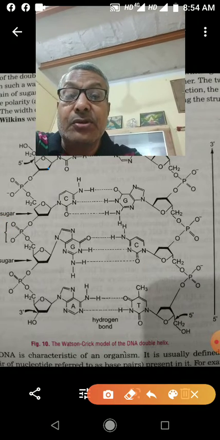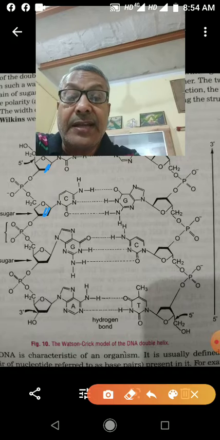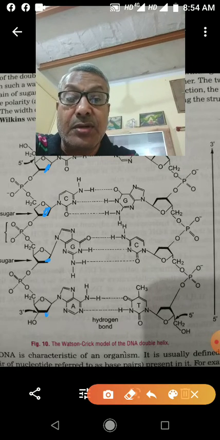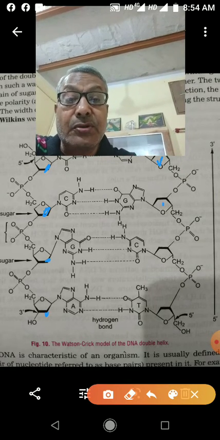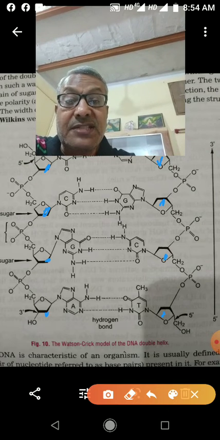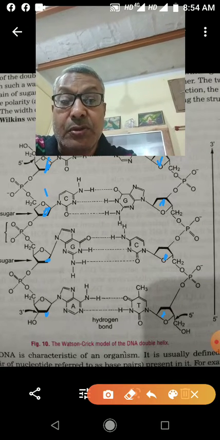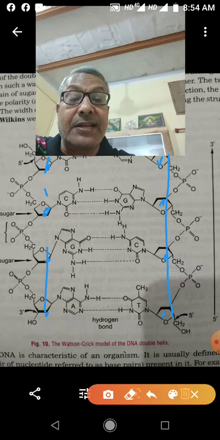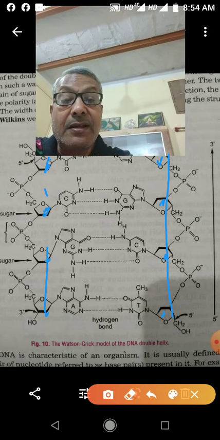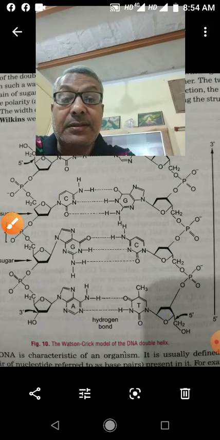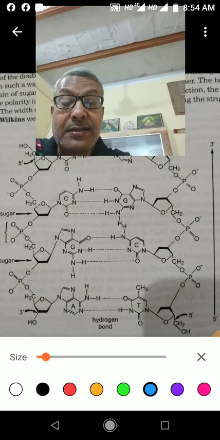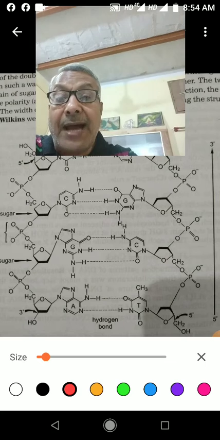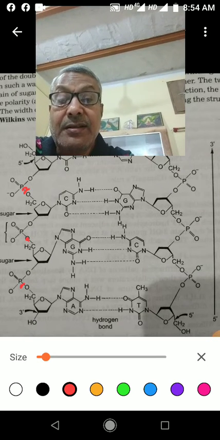This is the deoxyribose pentose sugar. This pentose sugar is of one nucleotide chain, and this one is of the other nucleotide chain. Between the pentose sugars there is a phosphate.